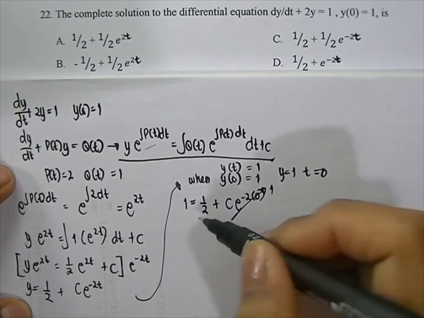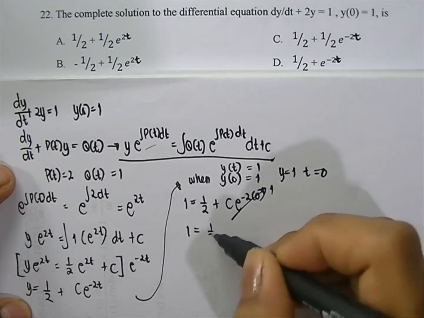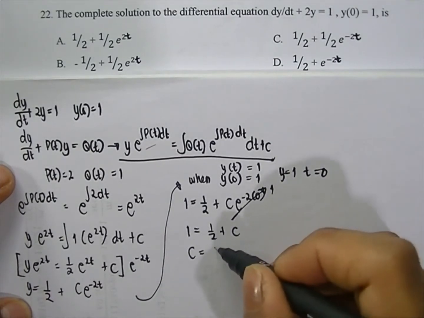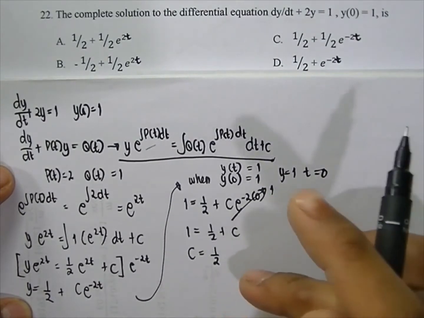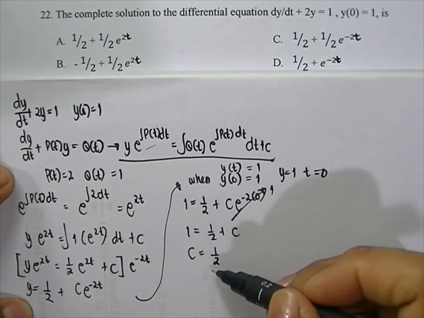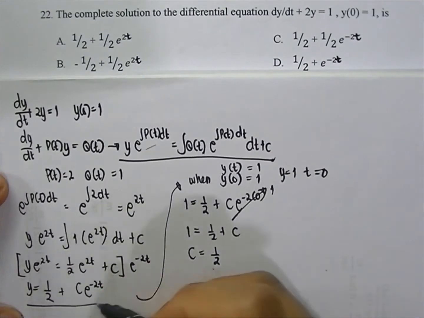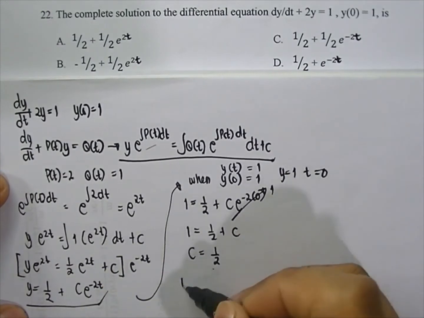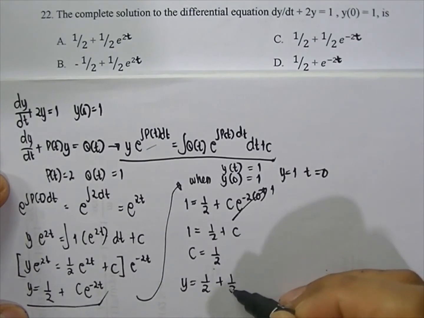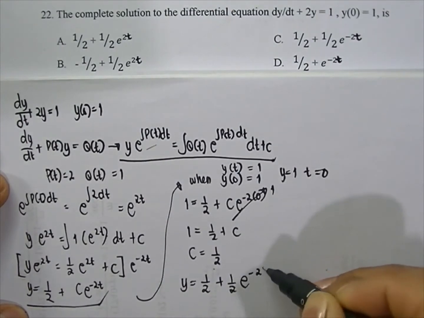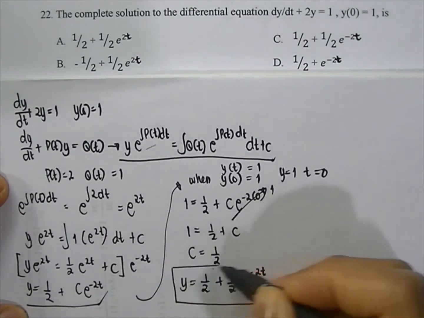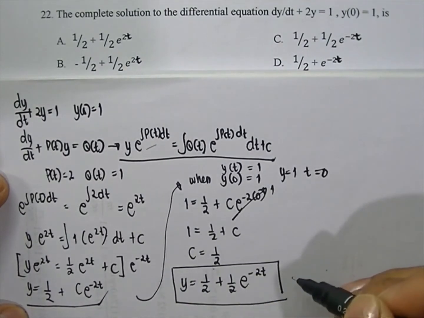This is 1, so we have 1 equals 1/2 plus c. So c is 1/2. So substitute this here, we have y equals 1/2 plus 1/2 e raised to negative 2t. So this is the answer. Letter C.